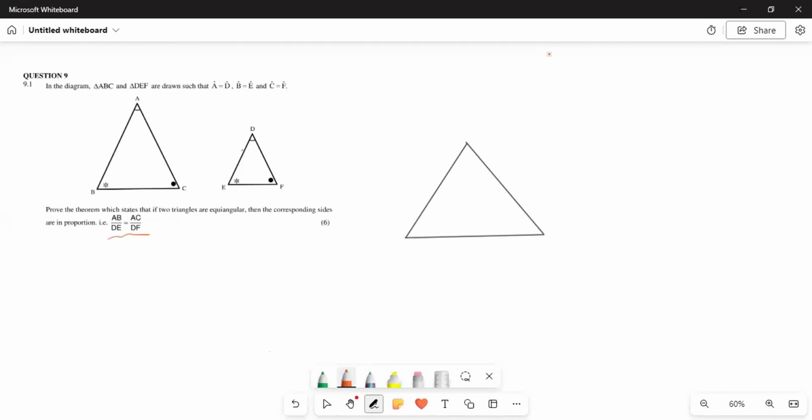Now, first, to prove this, I'm going to start with my construction. I'm going to use the bigger triangle, triangle ABC.